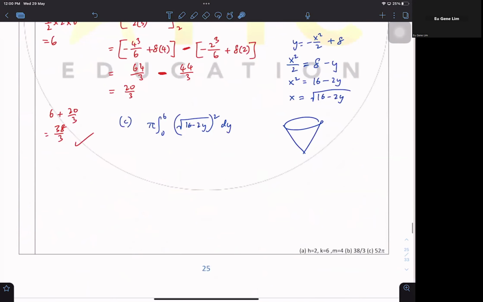I give you the formula of the cone. 1 over 3 pi r square h. You know the formula. Very good. If you don't know the formula, then cannot do. You must know the formula. Okay, what is the r? What is the radius of the cone?